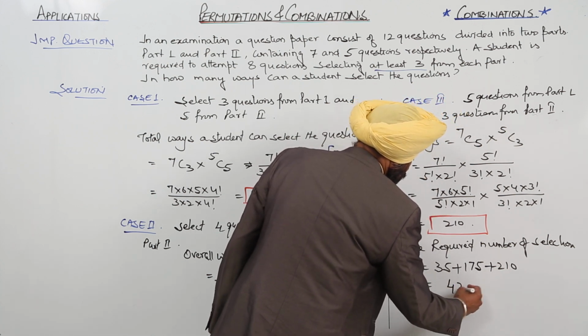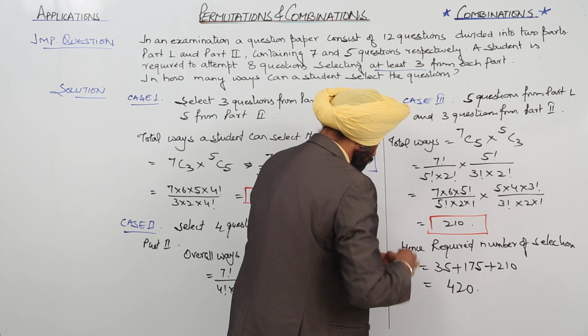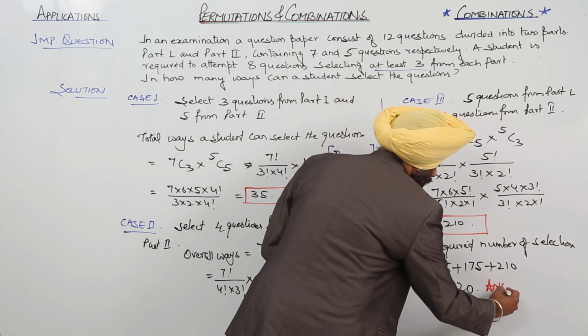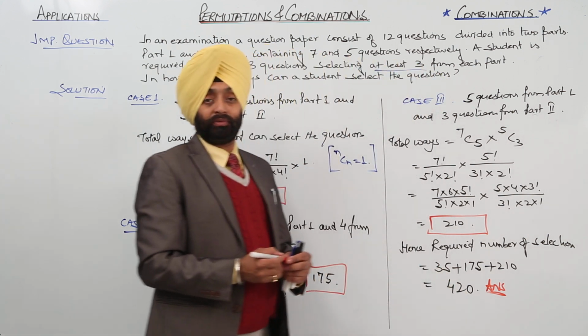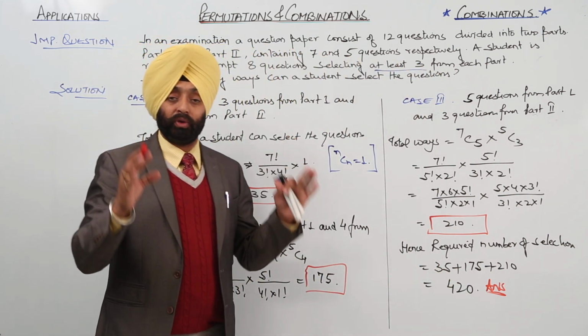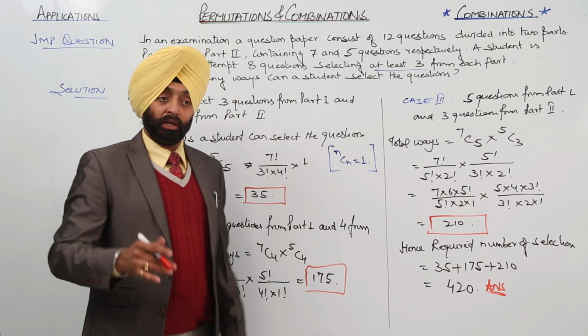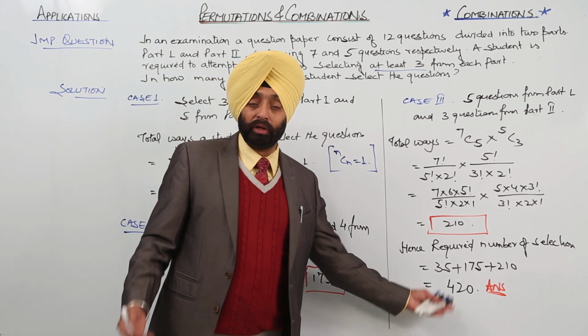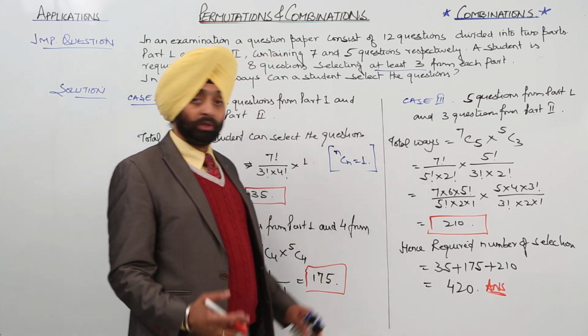So the total is 420. Now just think: it was just given that you have to attempt at least 3 from each part, and then how many ways of selection are there. Don't think that it is just 3 or 4 ways, there are 420 ways to do such a question.